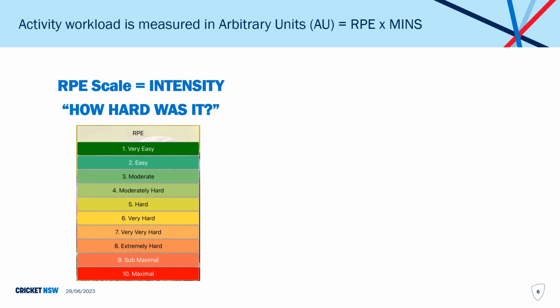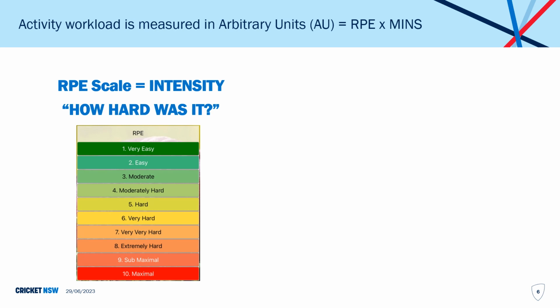And when you fill in RPE for any activity, you'll see this scale, and it's really important that you actually read what it says, because that will make a huge difference to what your activity workload number goes down for on that day. It's not a test, so we don't want you to put 10 maximal for everything.